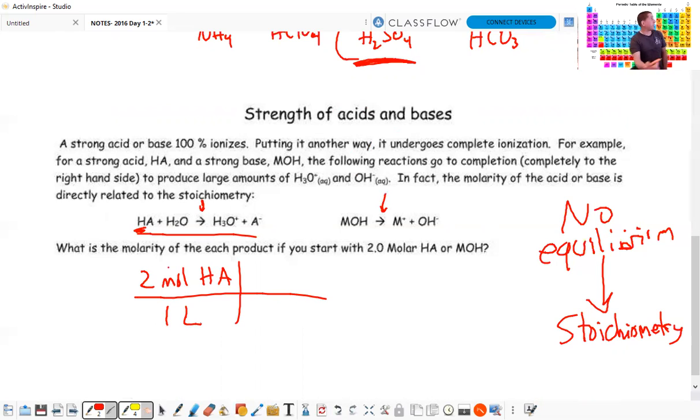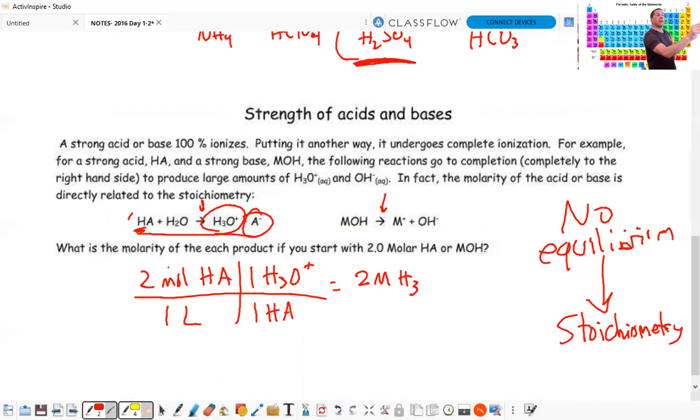Now we can do the stoichiometry: there's 1 HA, and we're looking for each product. Well, it's 1 to 1. So 1 H3O plus or 1 A minus. And so 2 moles per liter, or 2 molar H3O plus, and it would also be 2 molar A minus.